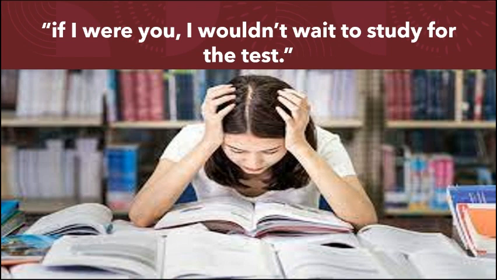I got time. I can do it later. Then later becomes 1 day, then 2 days, then 3 days, then a week, and then boom, the day of the test comes and you didn't do anything. But you can see the sentence here. The were, since in the if clause it has the verb were, which becomes formal.